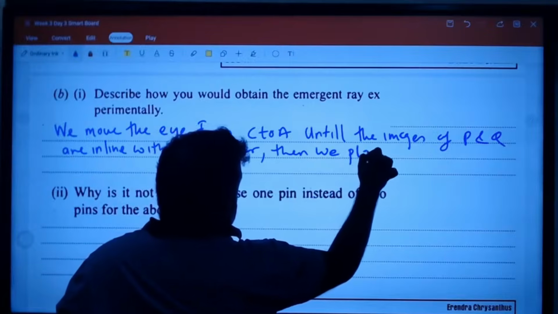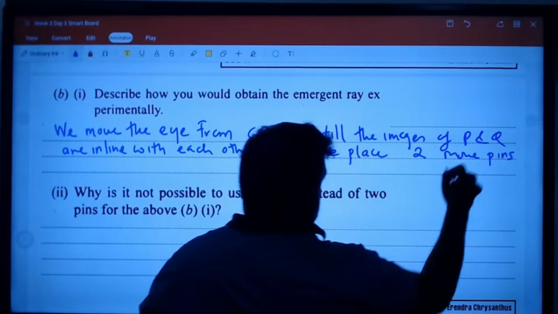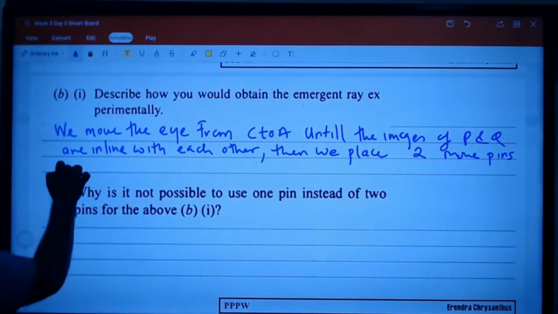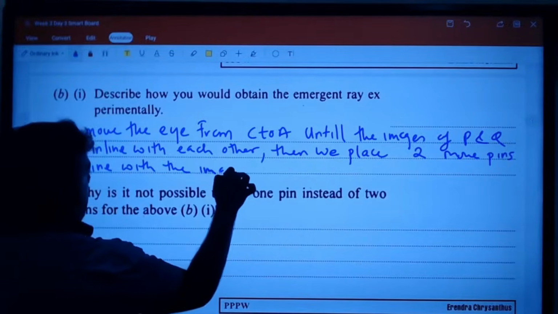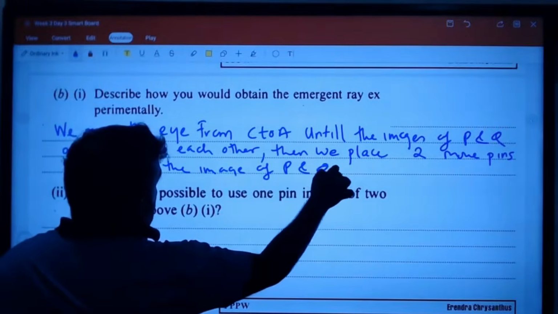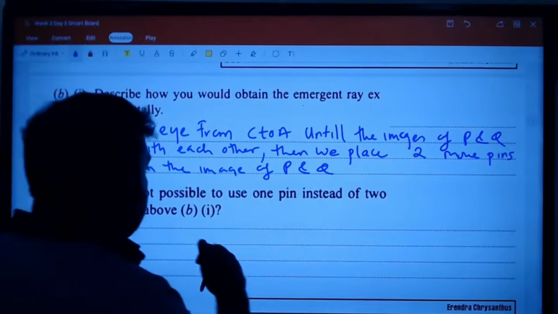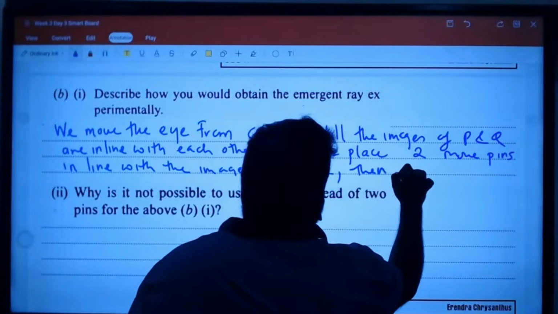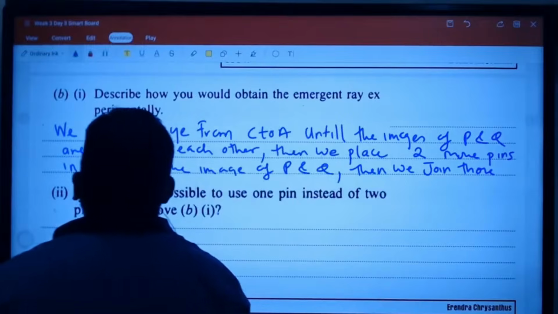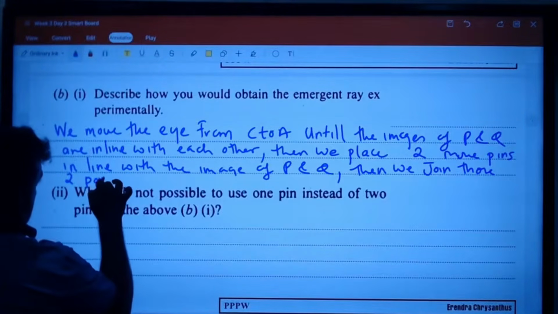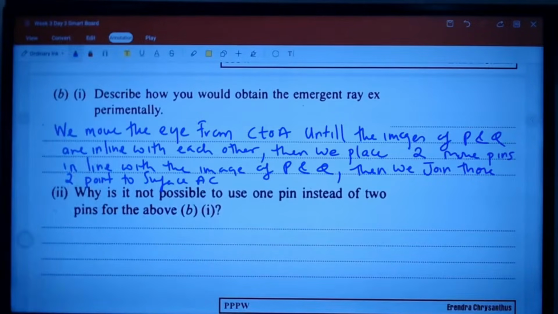Then we place two more pins in line with the images of P and Q. Then we join those 2 points to surface AC. From there you get the emergent ray.